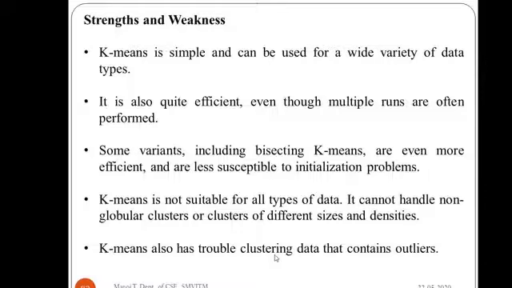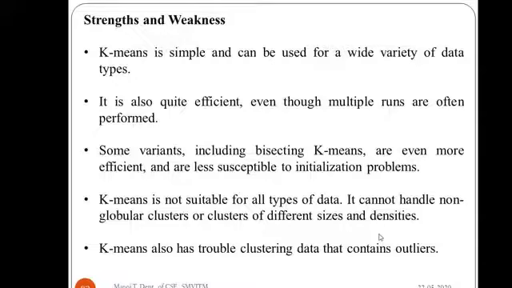K-means is not suitable for all types of data, in that it cannot handle non-globular clusters or clusters of different sizes and densities. K-means also has trouble clustering data that contains outliers.